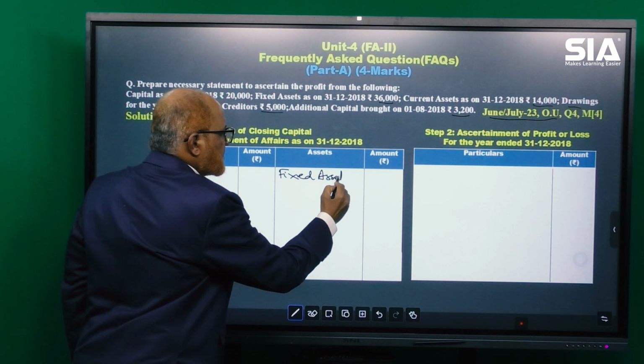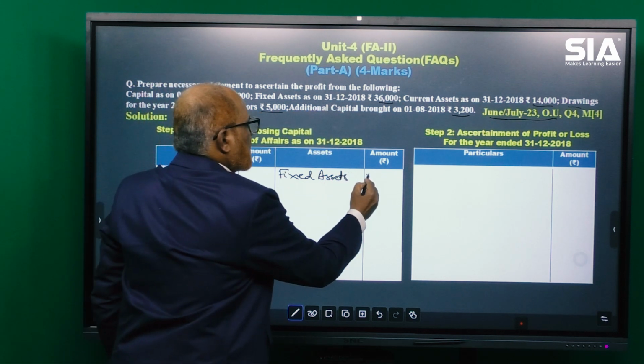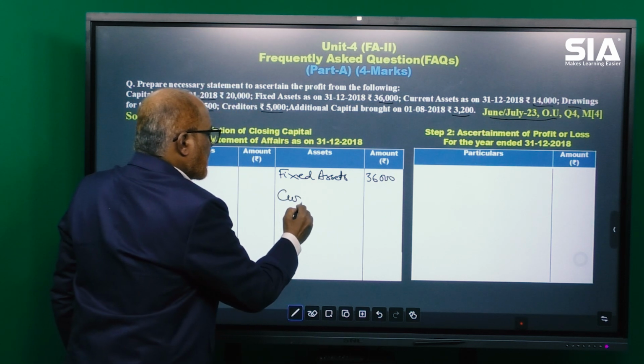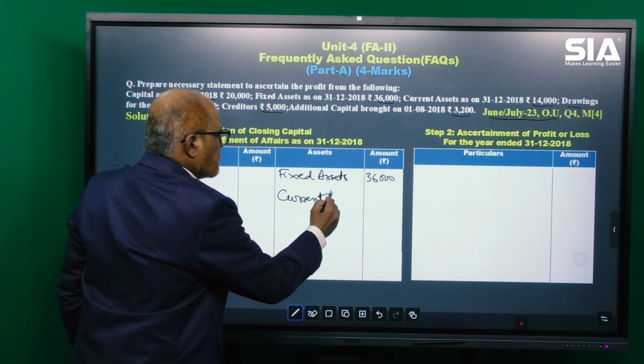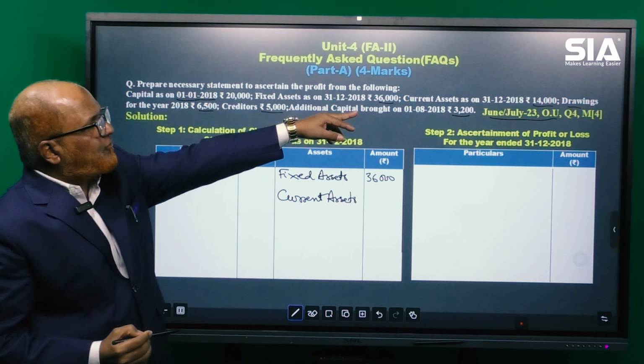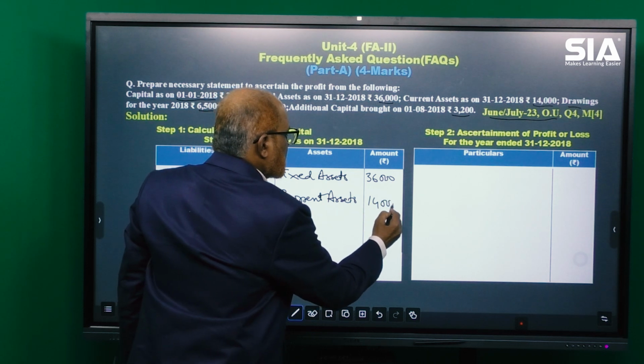How much are the fixed assets? Here it is given, 36,000. Then we take current assets. How much are the current assets? There it is given, 14,000.